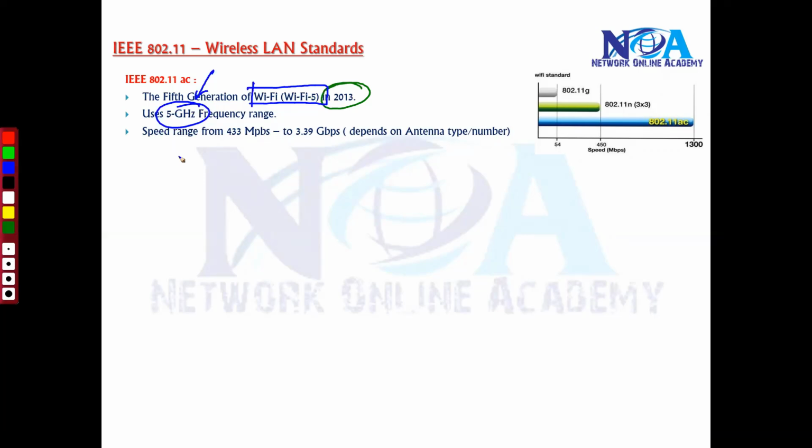And if you compare this with the previous standards, like 802.11n that we discussed previously, the throughput is more scalable and provides more throughput. Now how does it offer this?